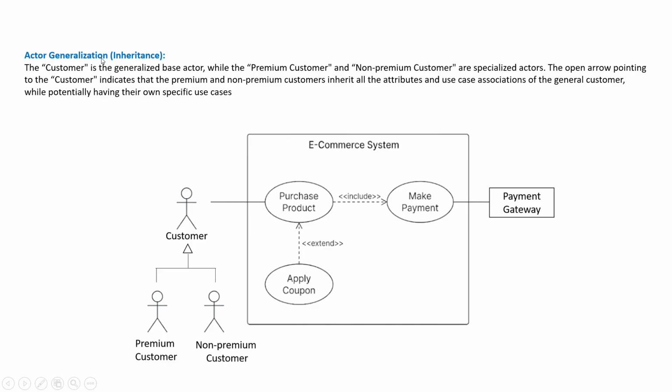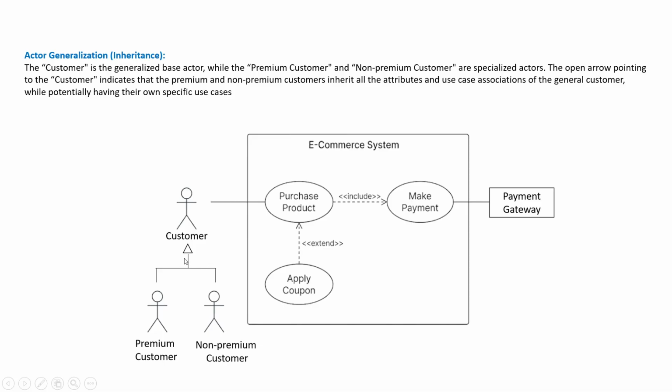So first of all, let's look at actor generalization. This is where the inheritance comes in. If we look at our customer, our premium customer and our non-premium customer, the customer is the generalized base actor, while premium customer and non-premium customer are specialized actors.